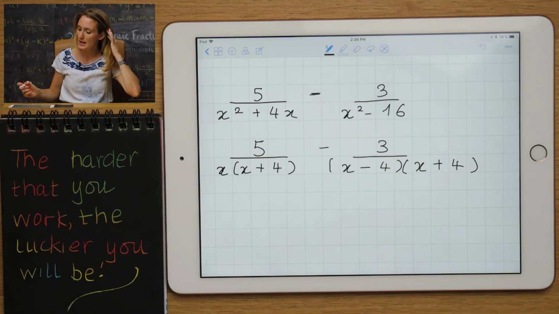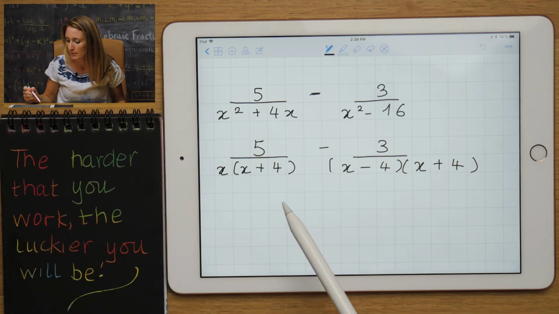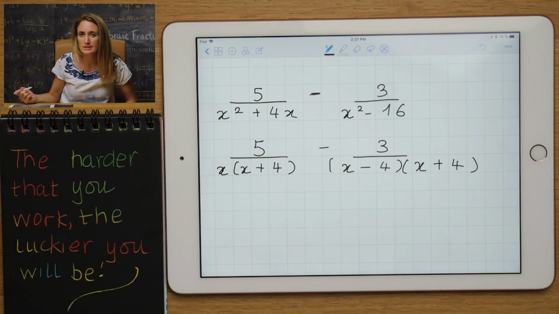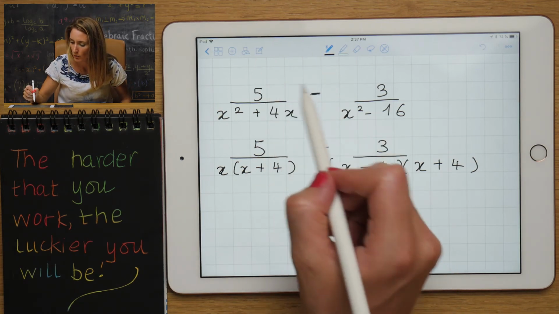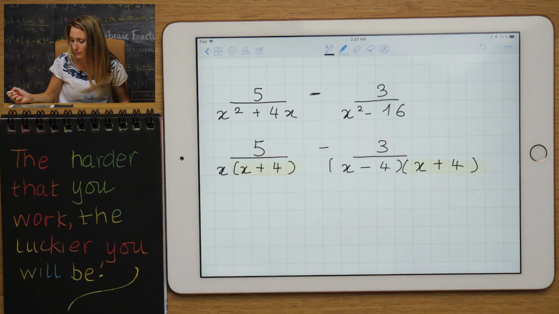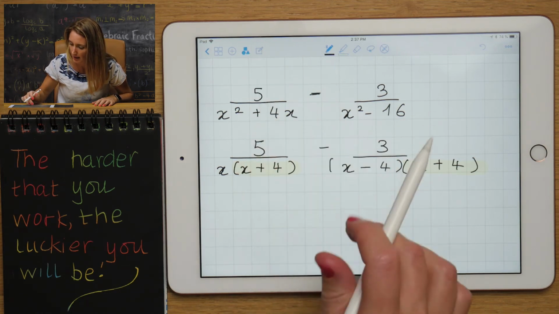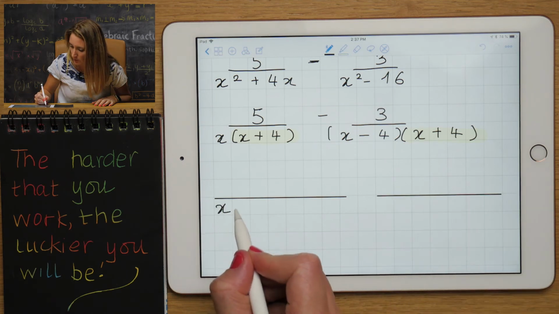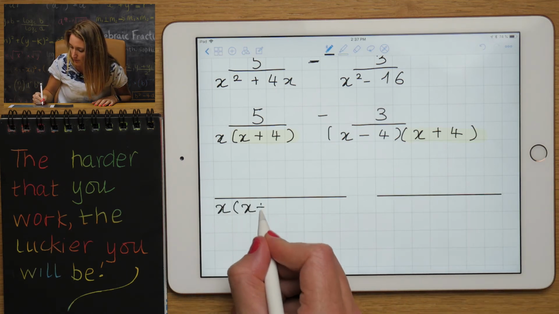So these are fractions we want to add together. Now the cross multiply method here would work, but it would be a little bit unnecessarily messy. What you want to do is notice that both of them have the x plus 4. So you want to make the bottoms match. This one's already got x and x plus 4.